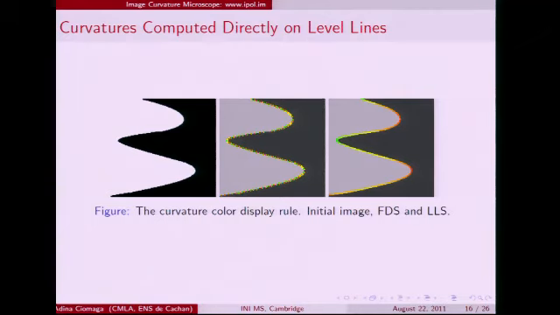So for each pixel, we look around it and make some sort of average. The problem is that when we do that, we have all these oscillations that appear along transversal lines. And instead, if we compute directly on the level lines, we would have a smooth variation of curvatures according to how much we bend the line itself.